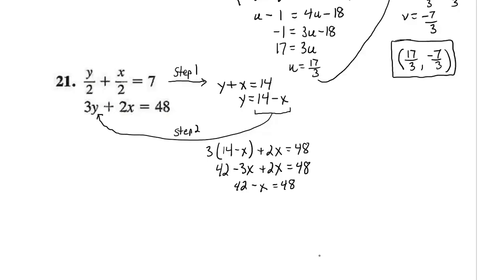Next step, I'm going to subtract 42 from both sides, making 6. And then change the sign of both sides, getting negative 6. X is negative 6. So I can take that negative 6 and substitute it right there.